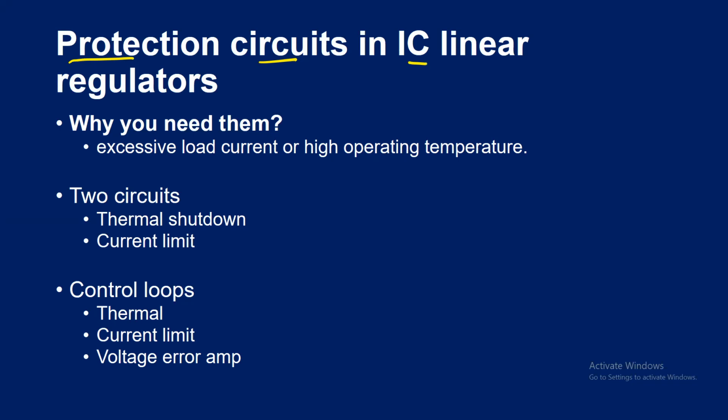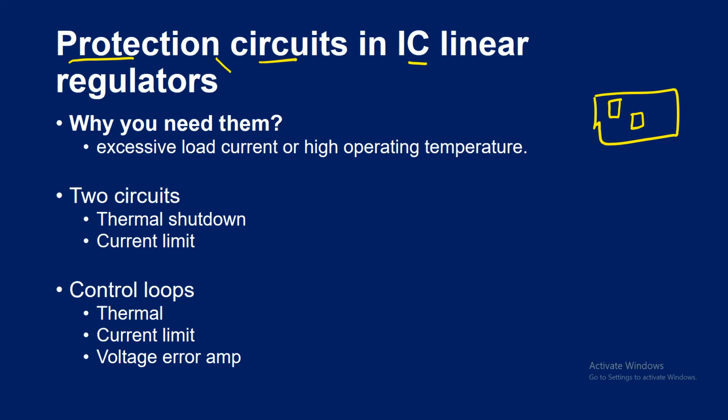So whenever you buy a linear regulator IC, whether a standard regulator or a low dropout voltage regulator, there will be some circuitry built in. They are called protection circuitries. Now, why do you need them? That's the first question.